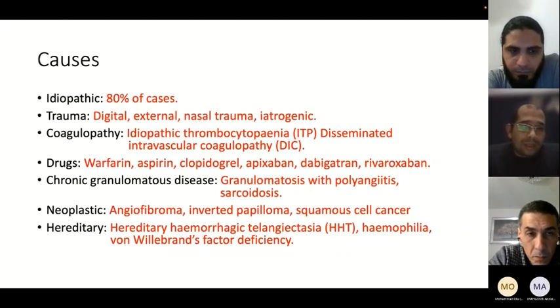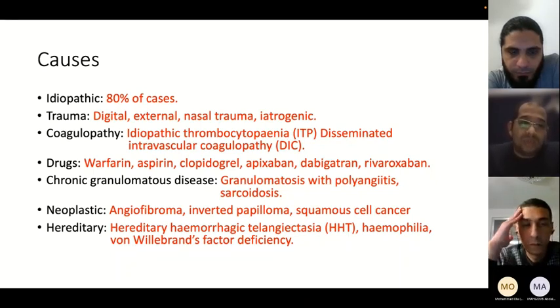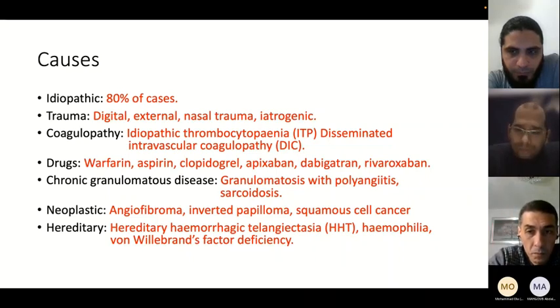Causes of epistaxis. There are multiple ways to classify the causes of epistaxis. To simplify it, I just put it in enumeration. The most common cause is idiopathic, maybe due to nasal dryness or even without any cause.